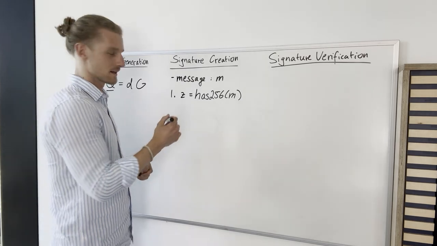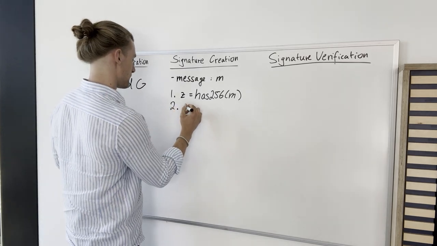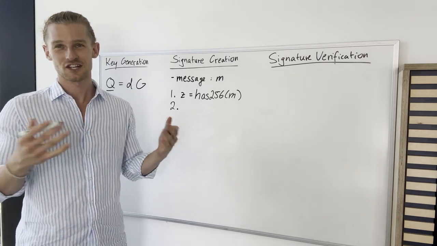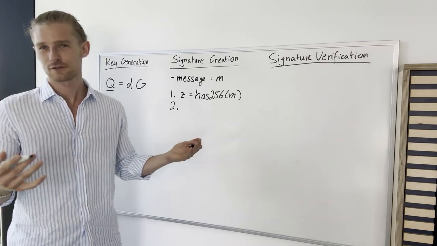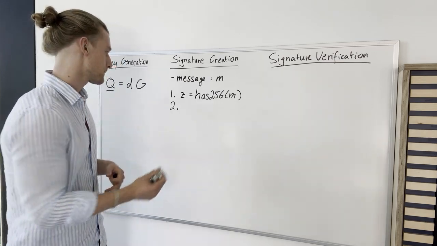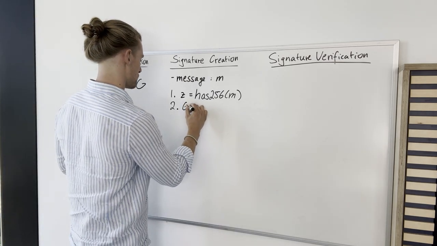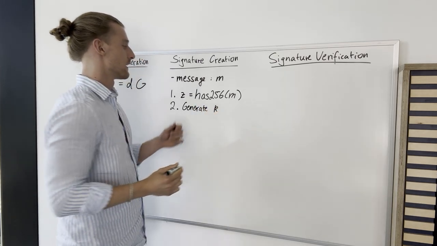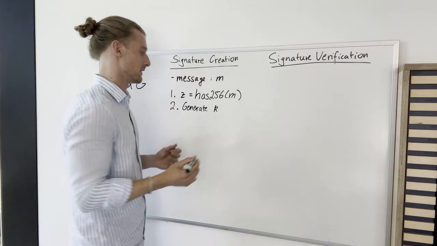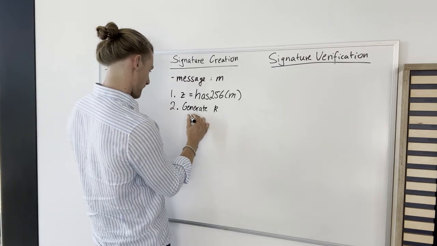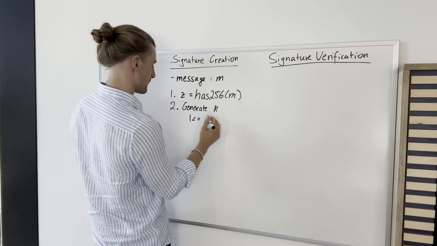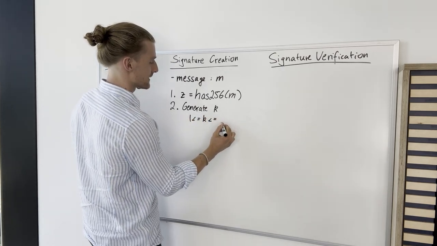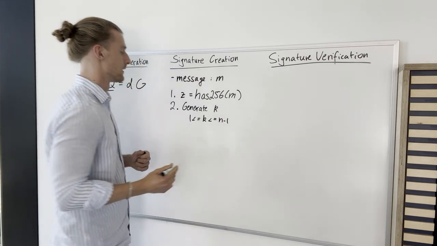Then the second step is to generate a securely and randomly generated integer k, often also referred to as the nonce. So we generate k, and k in this case has to be greater than or equal to 1 and less than or equal to n minus 1.